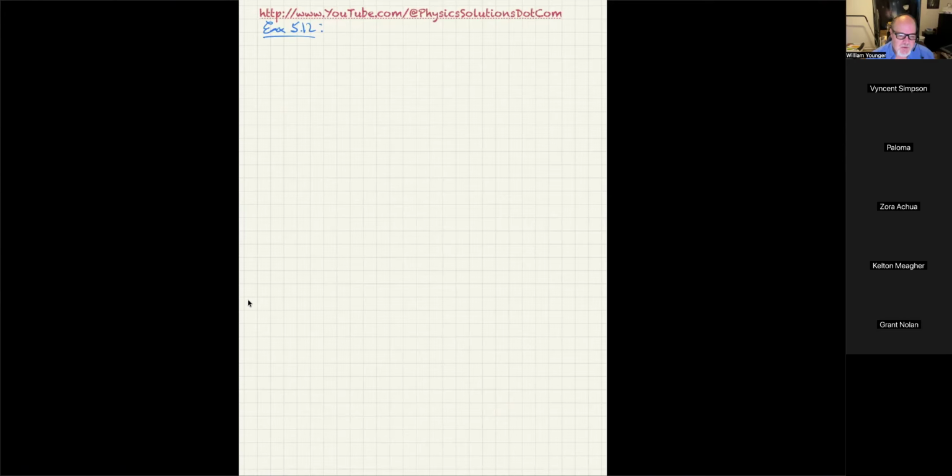And then B, calculate the tension in the cord at the bottom of the arc, assuming the ball is moving at twice the speed of part A. So we've got a mass that equals 0.150 kilograms. We have a string whose radius when we spin it is going to be 1.10 meters, and it's a vertical circle.